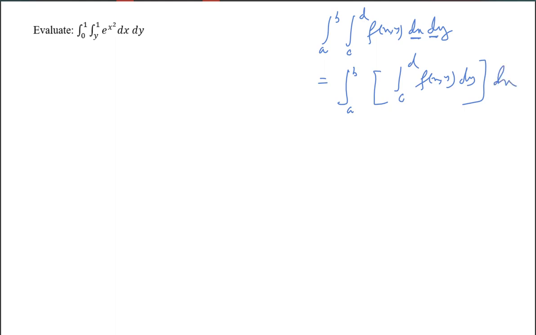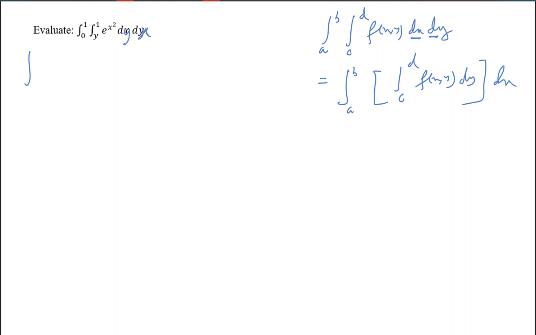So make it clear. Similarly, here, sorry, this is y equal to 0 to 1 and x equal to y to 1. The problem is given, this will be dy first, and then dx.